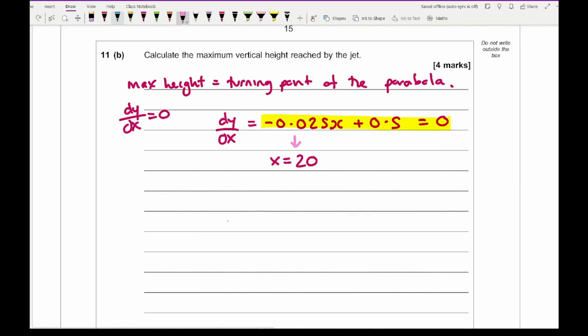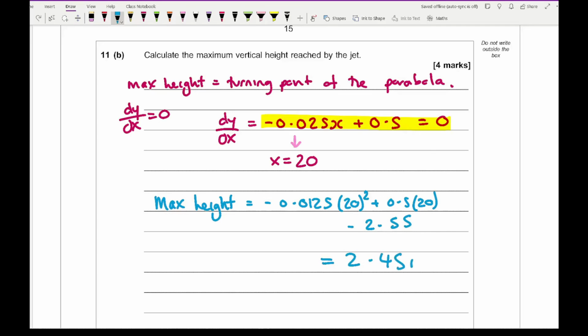So then I know the maximum height is going to be when x equals 20. So it's going to equal -0.0125 times 20 squared plus 0.5 times 20 minus 2.55, and that gives me an answer of 2.45 meters.